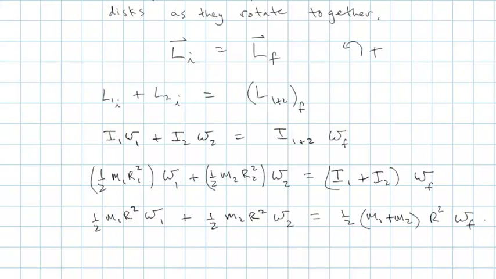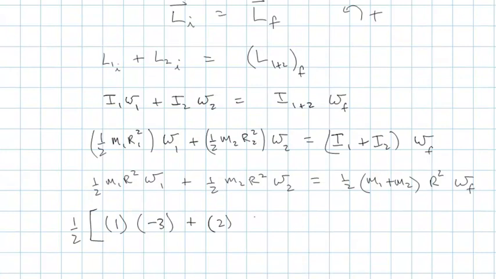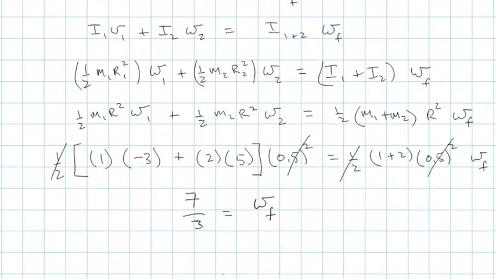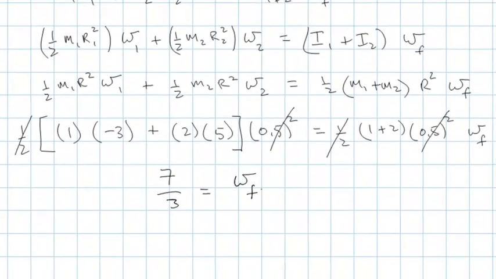And since R1 and R2 are the same, I'm just calling everything R. Now we can solve for omega final. And now we have omega final in radians per second.